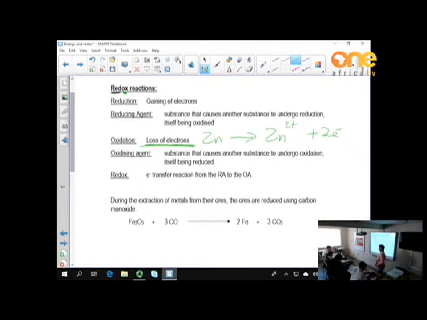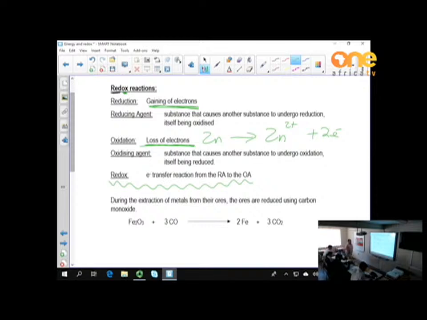But that's not the proper definition for reduction. Reduction is just very simply a process of gaining of electrons. So here we have an electron transfer reaction. So a redox reaction is an electron transfer reaction.